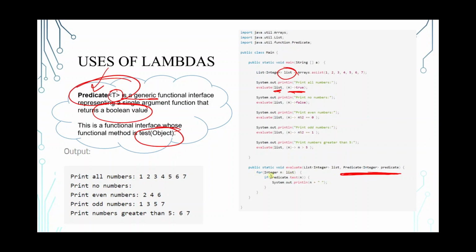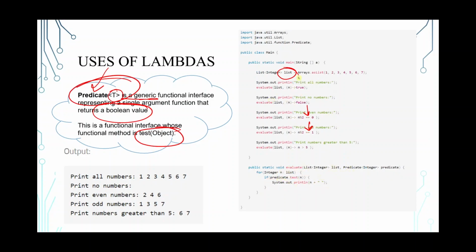So we are saying for each integer n in this list, if predicate dot test returns true based on this Boolean expression, print n, print this element.